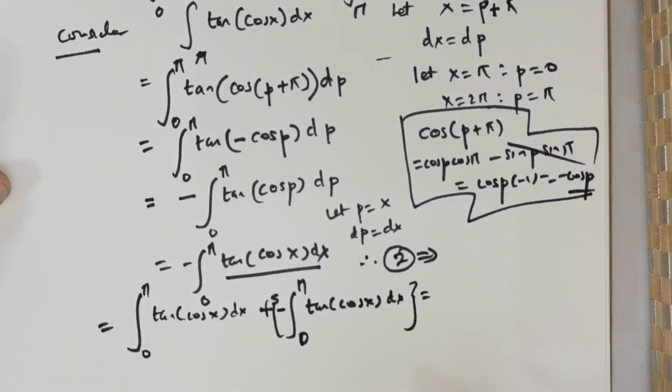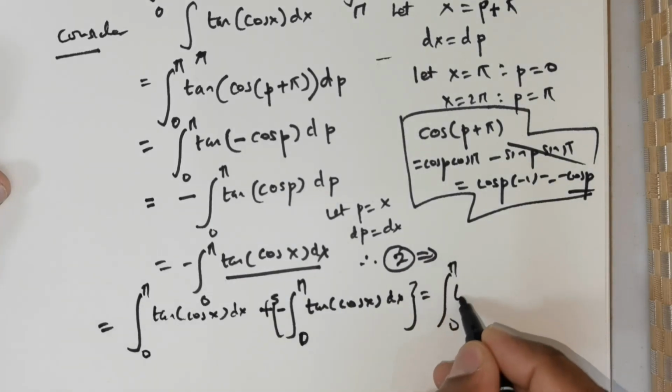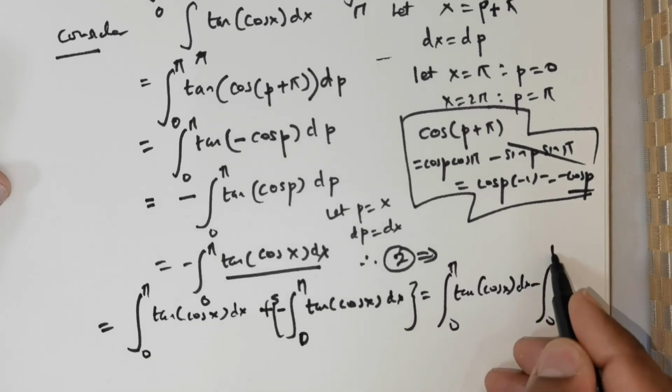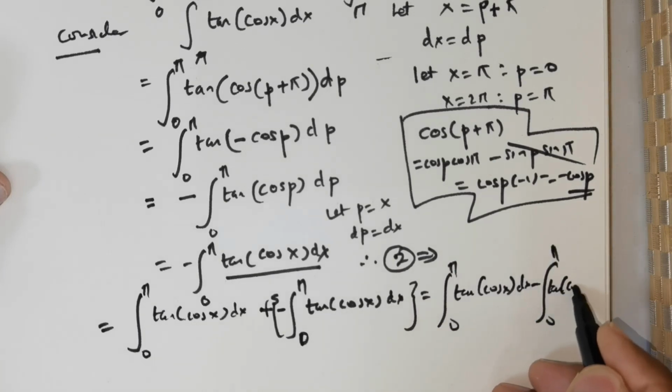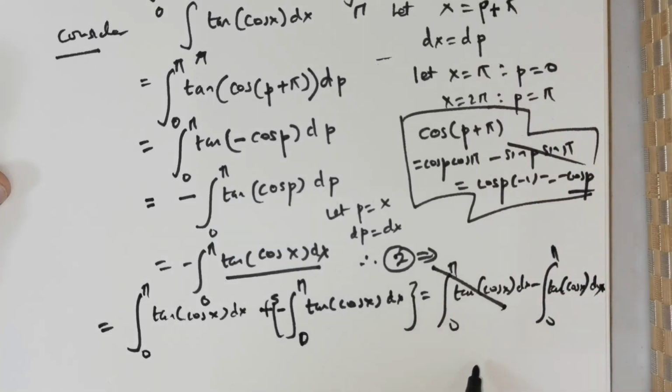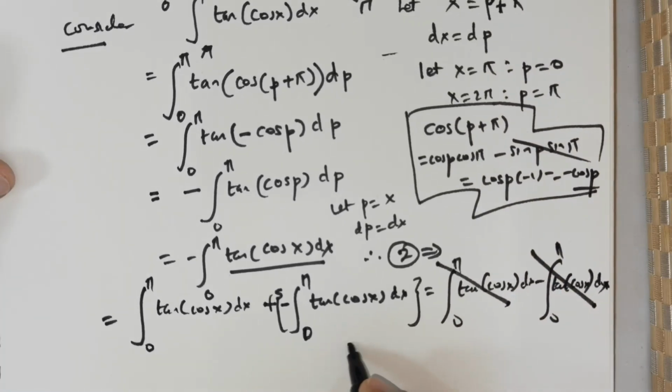The positive integral from 0 to pi of tan of cos x dx and the negative integral from 0 to pi of tan of cos x dx cancel, giving you the value 0. This is the answer that we are getting.